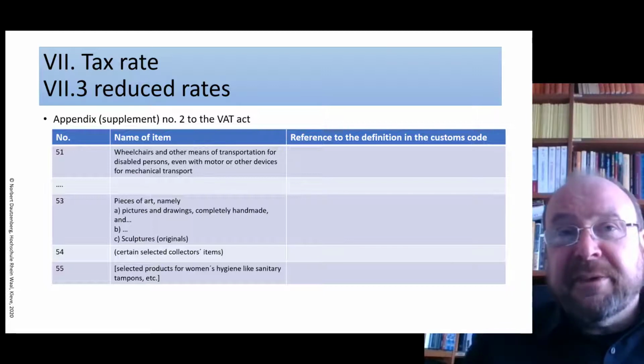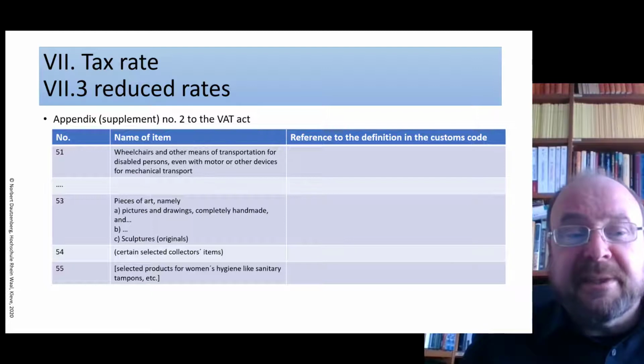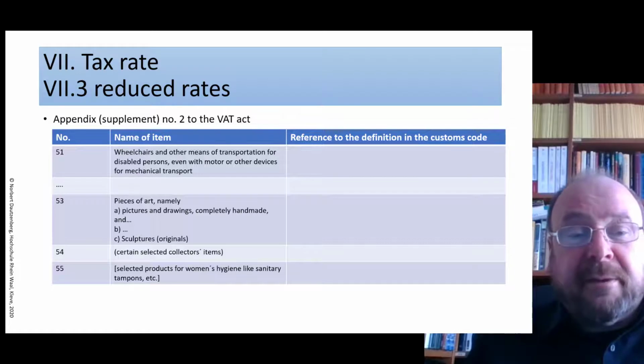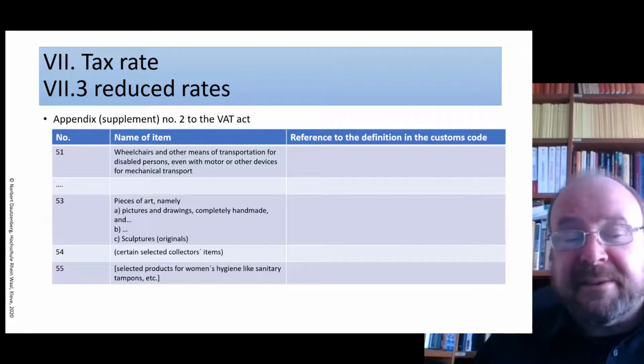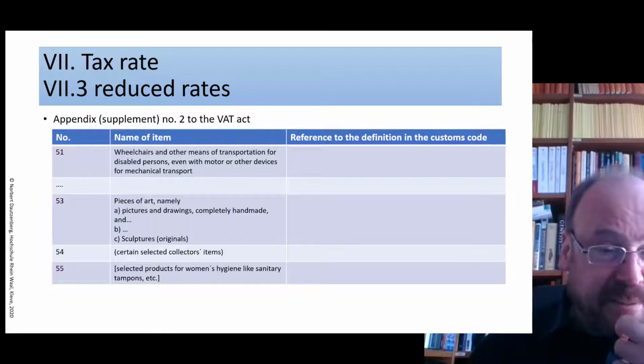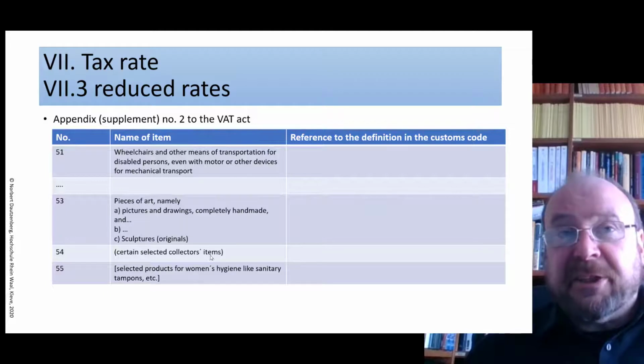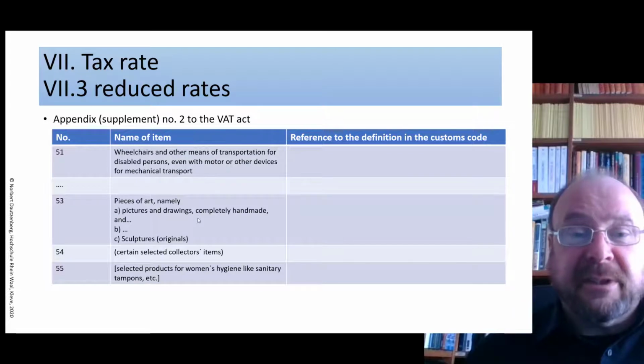That is why certain theater events are on the list, or why books are on the list, or pieces of art, or collector's items, and sometimes some health products also come to be on the list. Whenever the list is enlarged, you either choose something from the catalog in Annex 3 of the VAT Directive, or a new thing has been put on the annex by the EU, and you take that over.